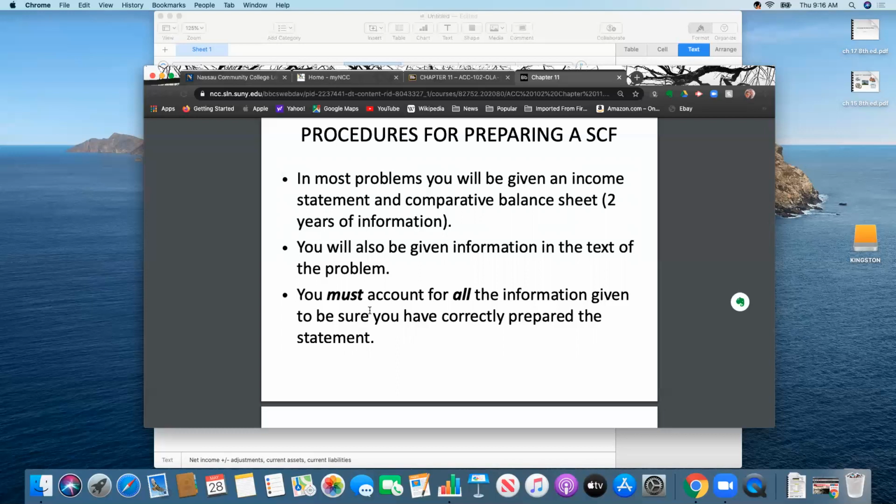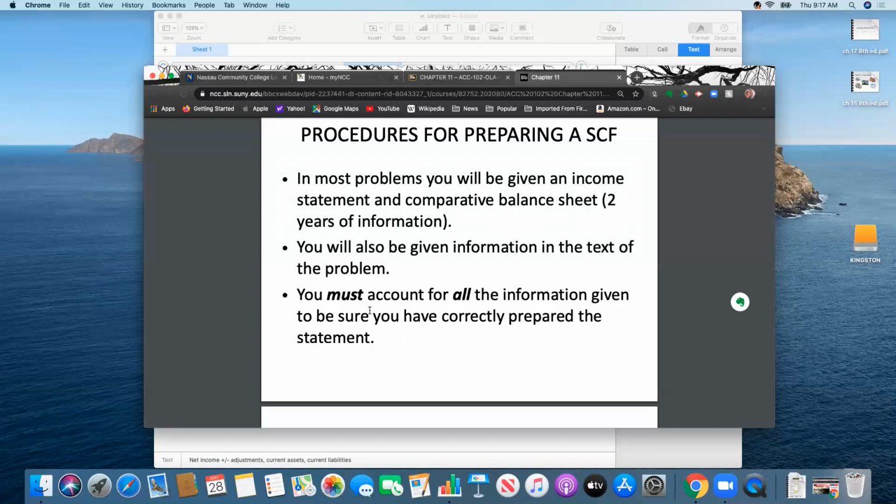So how is this going to work? In most problems, you'll be given an income statement and comparative balance sheet. In other words, they'll give you 2 years' balance sheets. Very often, they include additional text underneath the problem. And if you want to make sure you're doing this right, you must account for all the information given.